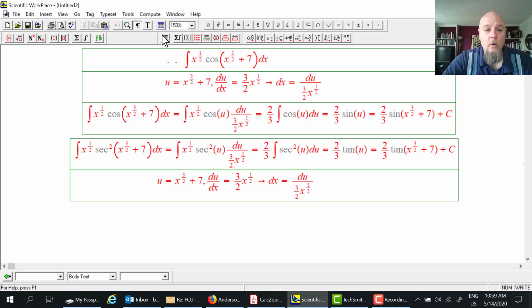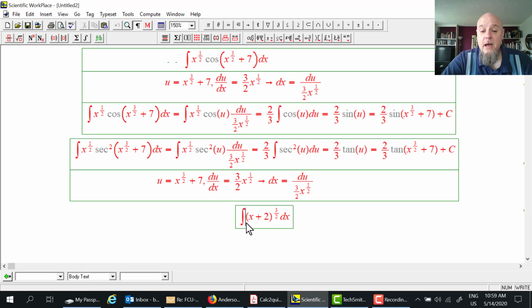So to do one more example, I need to be integrating, and in this case I'm going to put a function in a function. But, so I still have a function in a function.